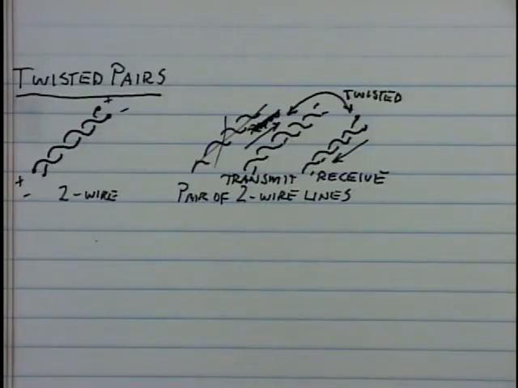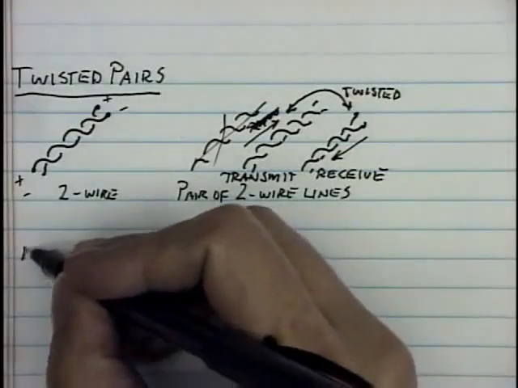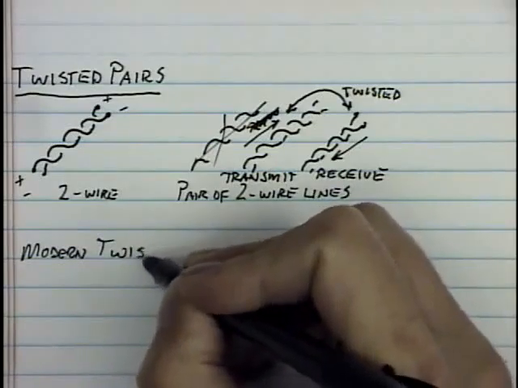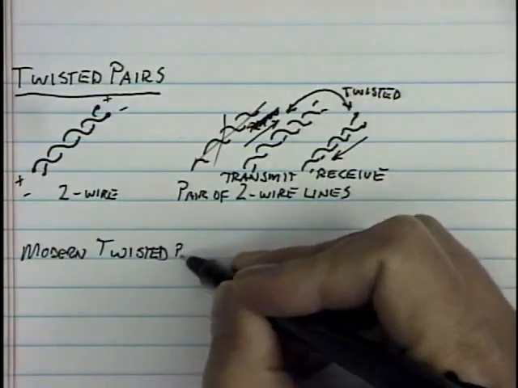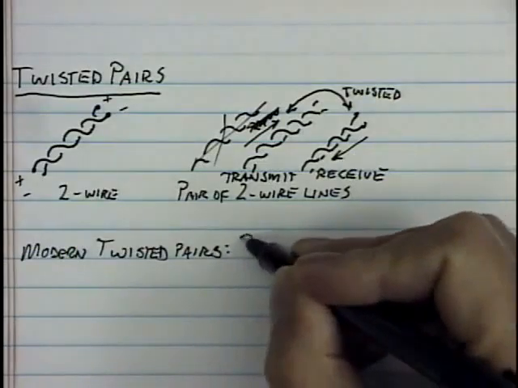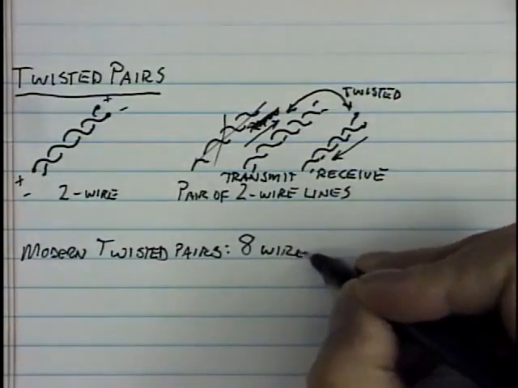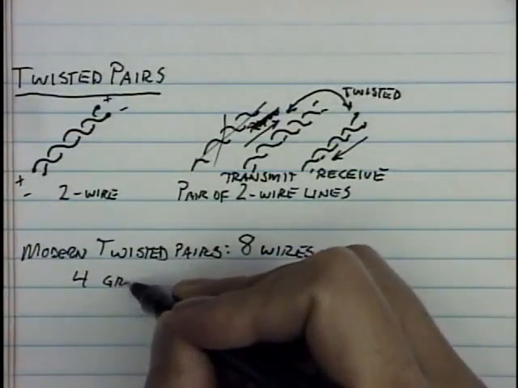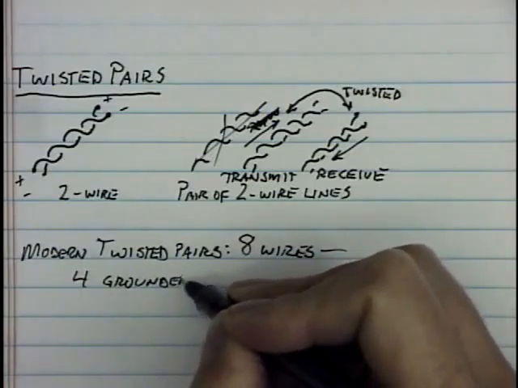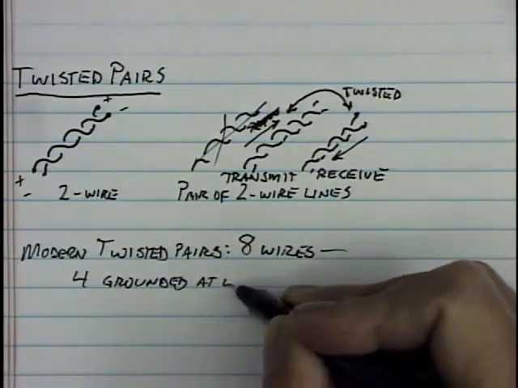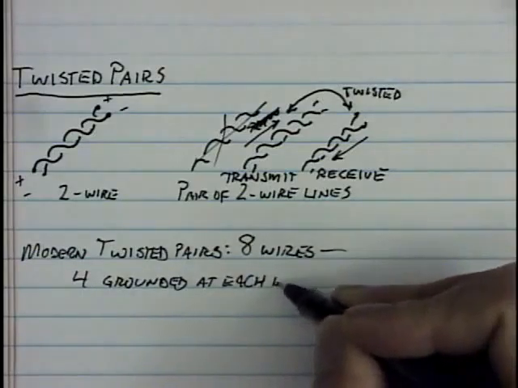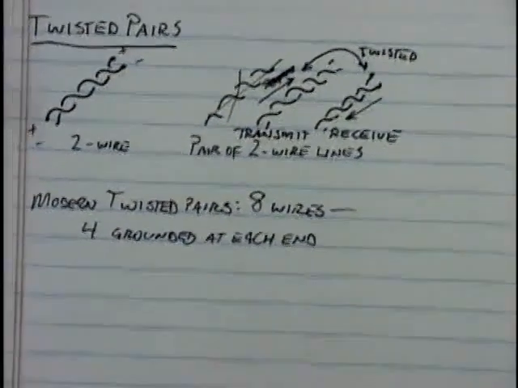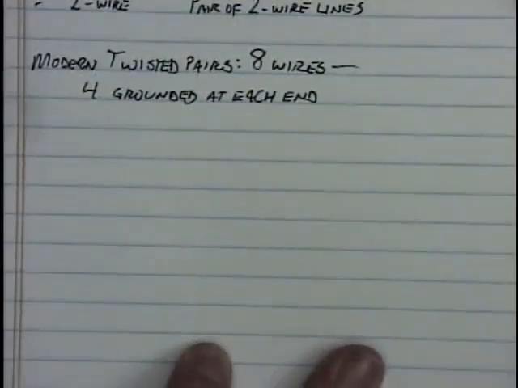Actually, the way that twisted pairs are used today has a total of 8 wires in there.